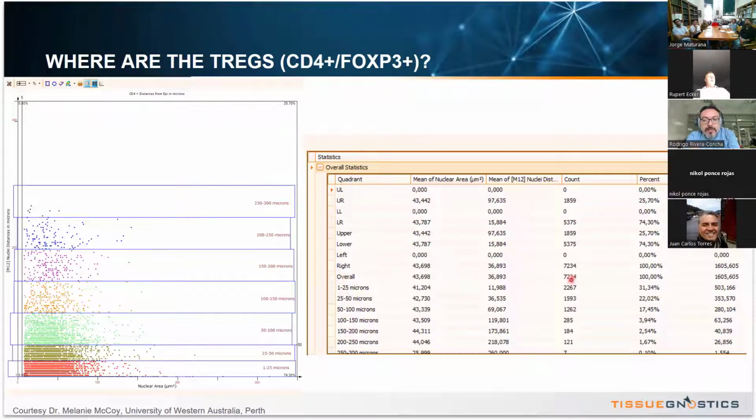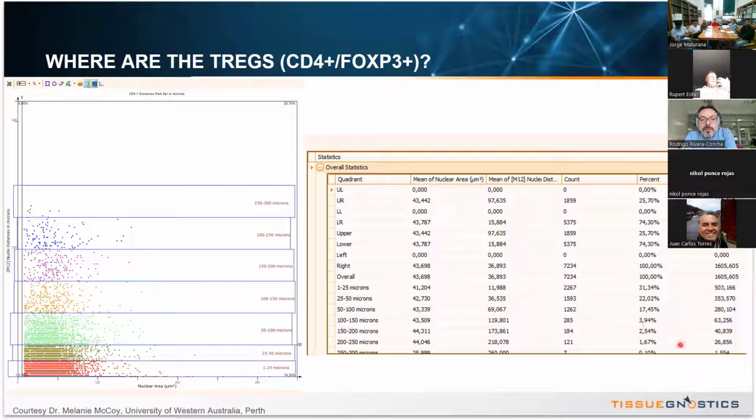We see here in total there are 7,234 CD4 positive T cells in this tissue section. 2,267 thereof, or 31.3%, are in a distance zone of up to 25 micrometer. 1,593, or 22%, in a distance zone between 25 to 50, and so on. And we see that there is a clear gradient as the number of cells drops with the distance.